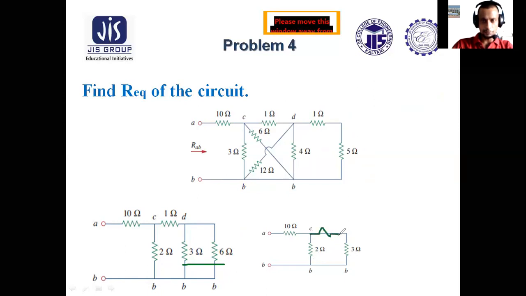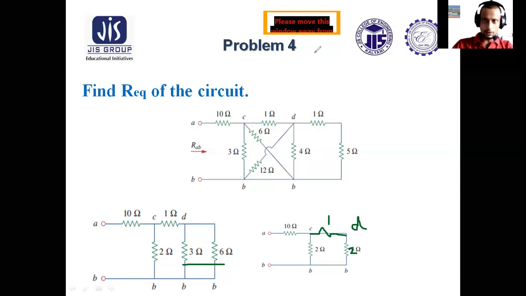This 1 ohm is missing here. This is D. In between D and B, 6 and 3 are in parallel. So 6 parallel 3 will be 2 ohm, and this is 1 ohm. In between C and D, there is 1 ohm. So combining these two in series again, you will get 3 ohm.